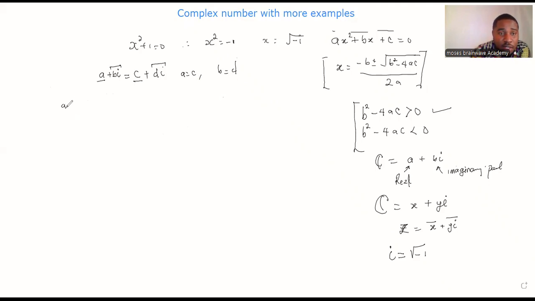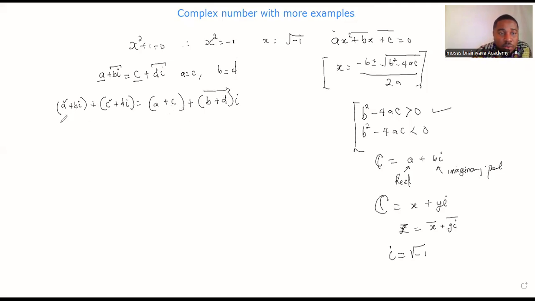If you have a complex number a plus bi, and this is supposed to be added to another complex number c plus di, generally you add the real parts together, which is a plus c, then you add the imaginary parts together, which is b plus d. This operation is done for the imaginary part, and this is for the real part.